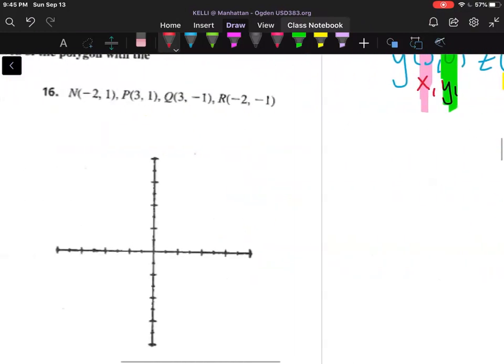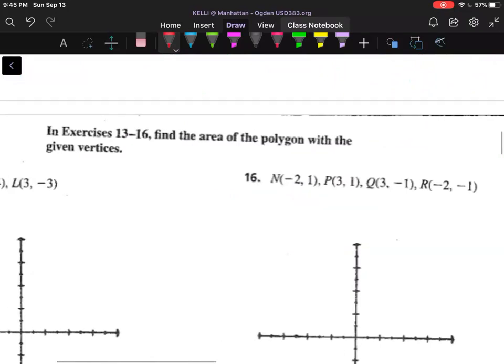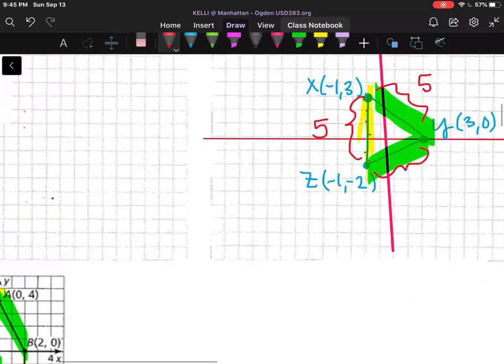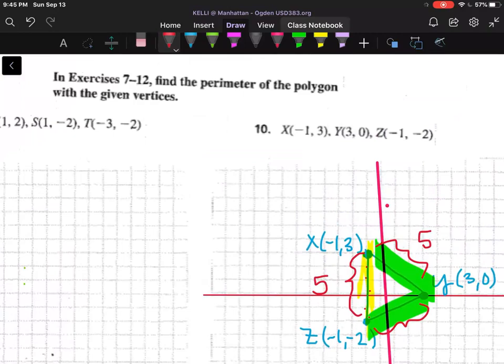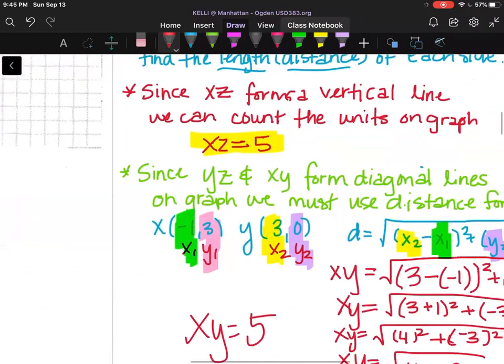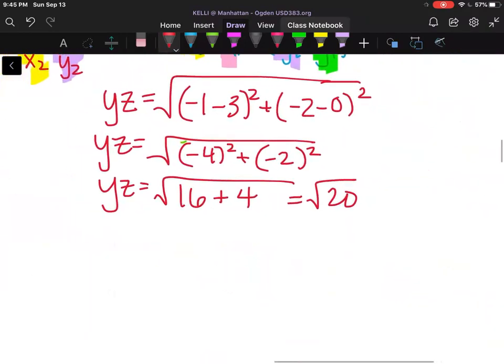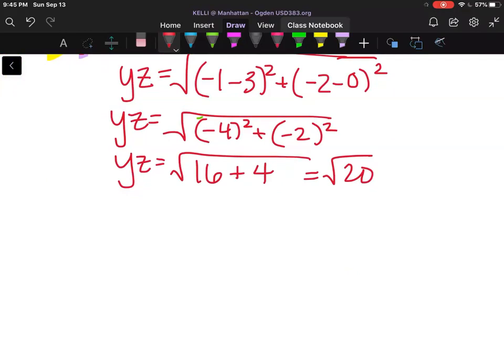Let's see. Do the directions tell us to round? No, it doesn't. So, square root of 20, well, let me see what that is in my calculator.